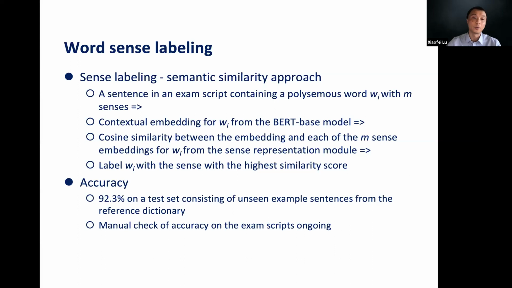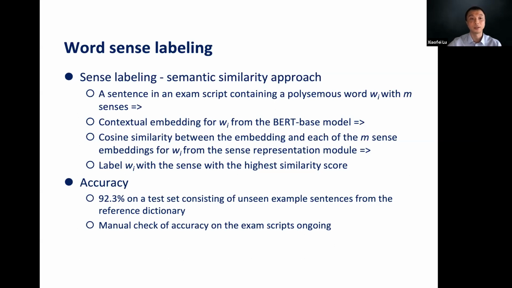Examining the accuracy of the model on example sentences from the reference dictionary was relatively easy, because you don't have to perform manual disambiguation. The example sentences already tell you what sense they were for.